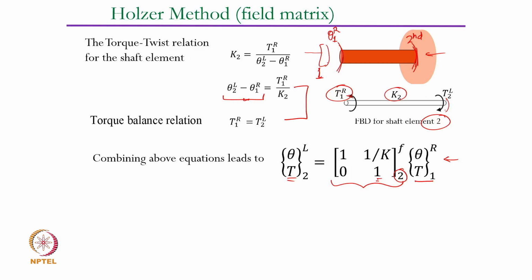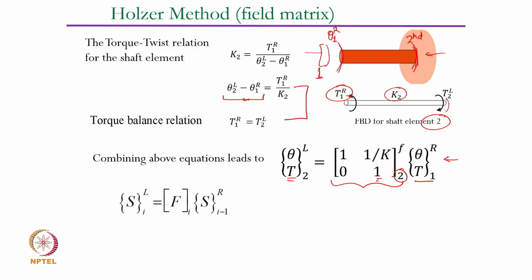Now this particular matrix, in contrast to the previous matrix that we derived for a point inertia, is called a field matrix. It represents the entire shaft element storing the strain energy.